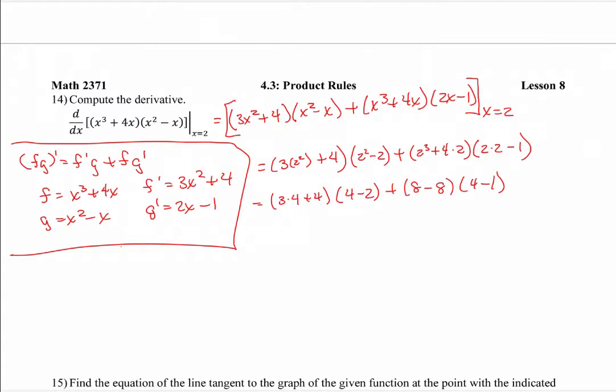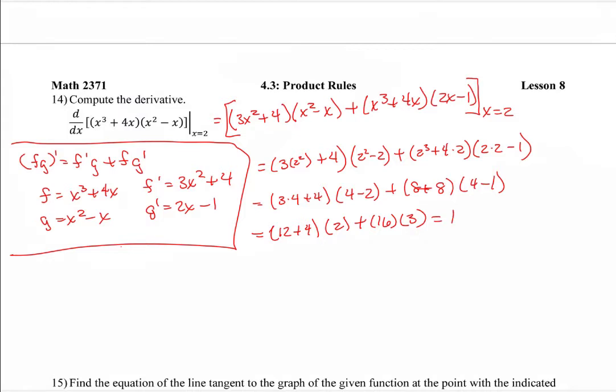I changed that to a minus sign and it should be a plus. Okay, so this is 12 plus 4. 4 minus 2 is 2, plus 16, and that should be 3.